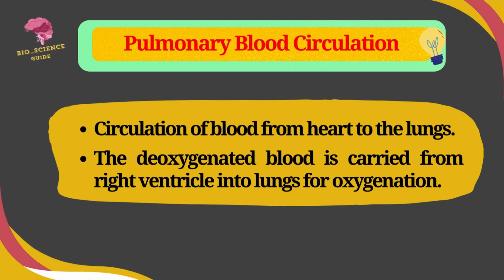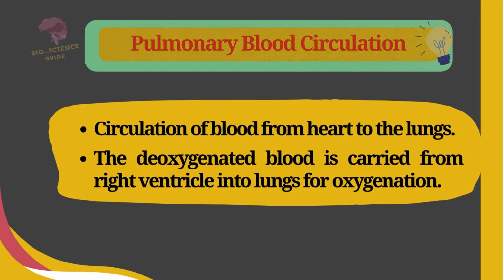Pulmonary blood circulation is the circulation of blood from the heart to the lungs, in which the deoxygenated blood is carried from the right ventricle into the lungs for oxygenation.